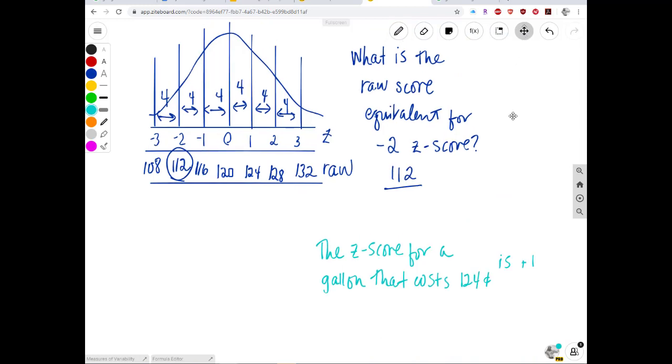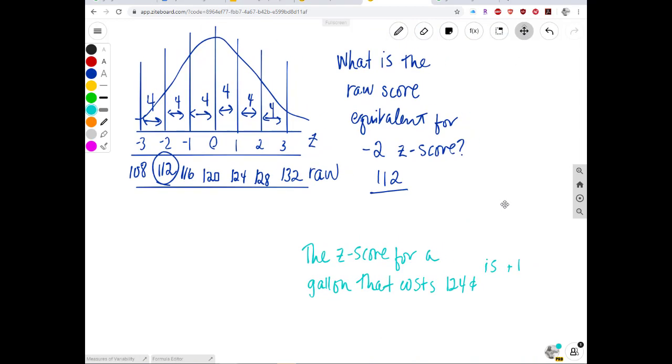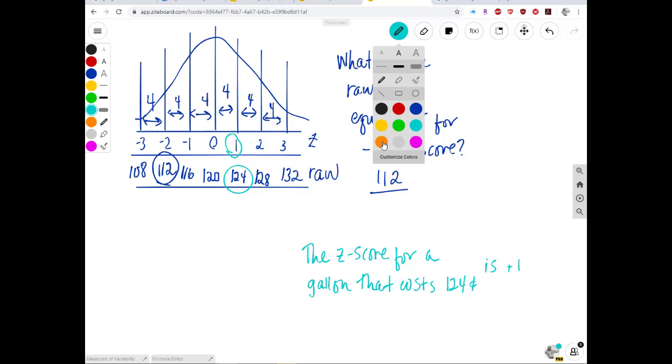So just kind of scooch this up over here. If my question is, what is the z-score for a gallon that costs 124 cents? Well, here is my 124 cents. So the z-score equivalent is +1. If the question had been, what is the z-score equivalent for a gallon that costs 132 cents, then my z-score equivalent would have been 3.